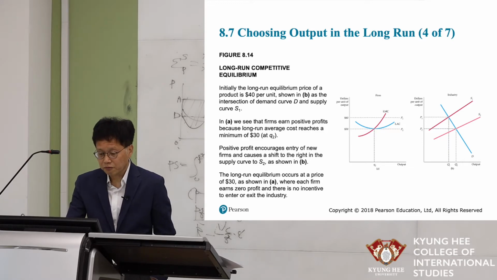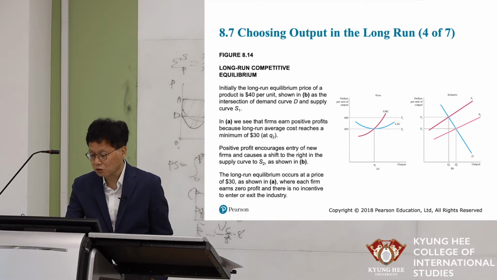Figure 8.14, long-run competitive equilibrium. Initially, the long-run equilibrium price of a product is $40 per unit, as shown in the market demand and market supply. Quantity demanded is equal to quantity supplied when the price is $40.